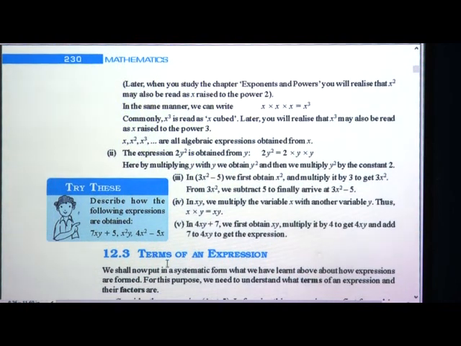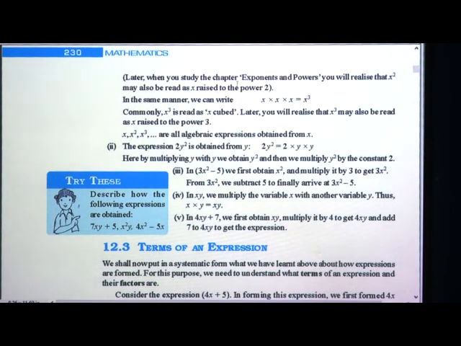Later, when you study the chapter on exponents and powers, you will realize that x square may also be read as x raised to the power 2.